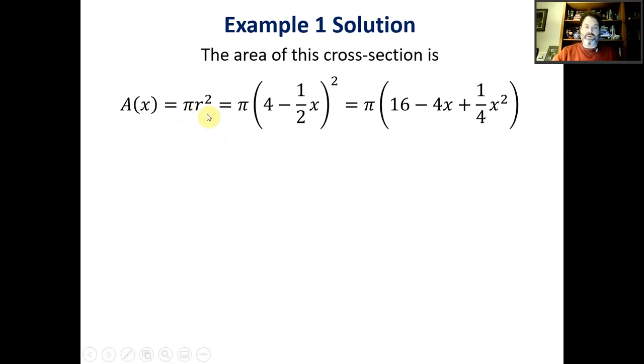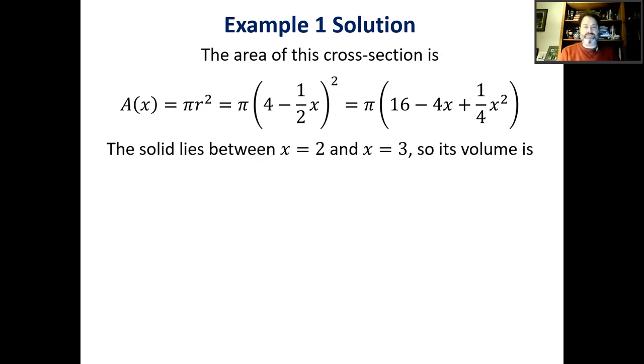We know it's pi r squared. The radius is the height of the function, right, 4 minus 1/2 x. I went ahead and just distributed this thing out, because we know we're going to do an integral, and you don't want to do integrals with parentheses and squares and all that stuff. Remember, you want polynomials when you do integrals. We know that the solid is between 2 and 3.